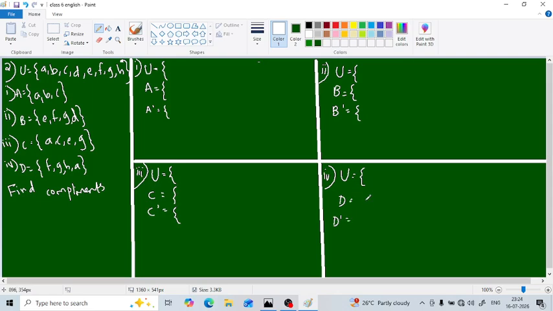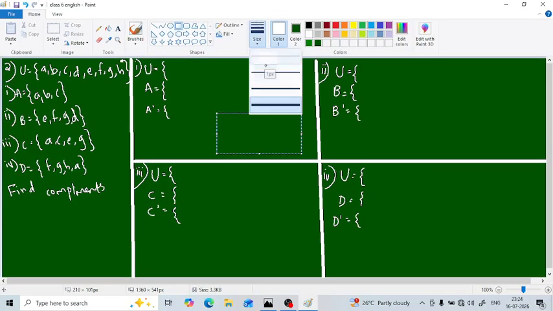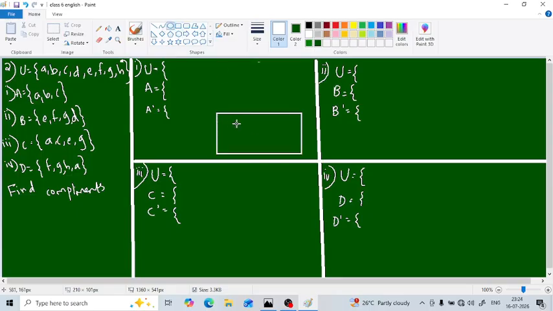Okay, these are the things which we need, and to show the Venn diagram we have to draw a rectangle, isn't it? We have to draw a rectangle, that is the universal set, and we have to draw a circle to represent the subset which is needed for each one.